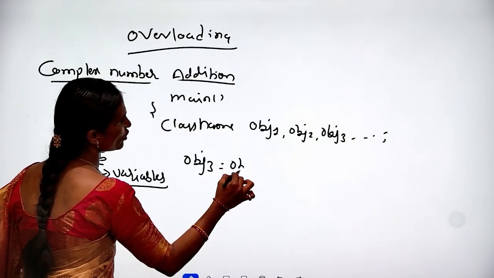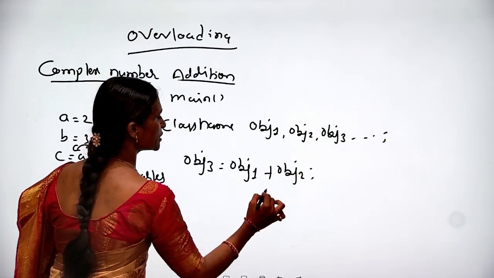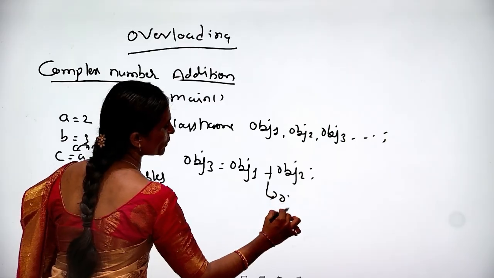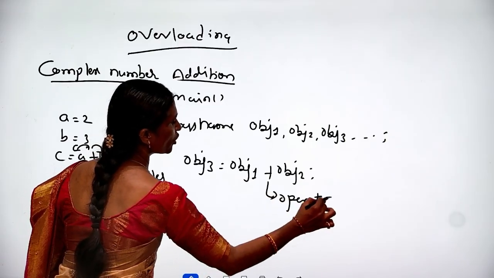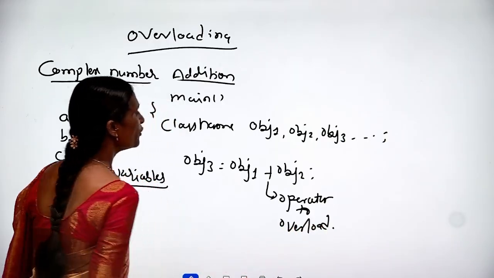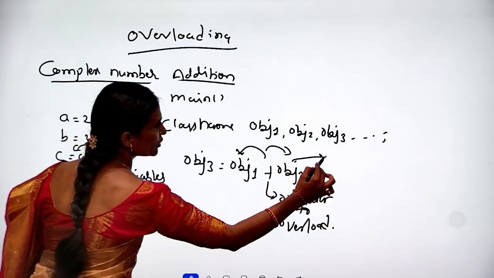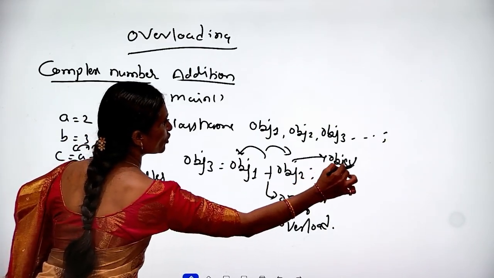So object 3 is equal to object 1 plus object 2. This is the operator overloading. You have to mention which operator you are going to overload. It works on objects rather than variables.